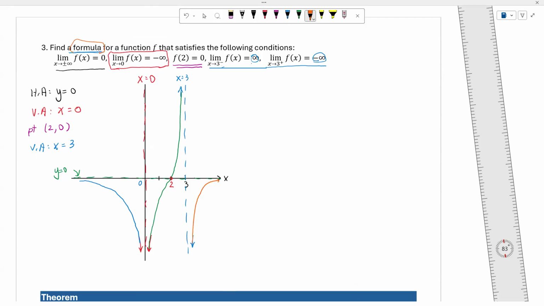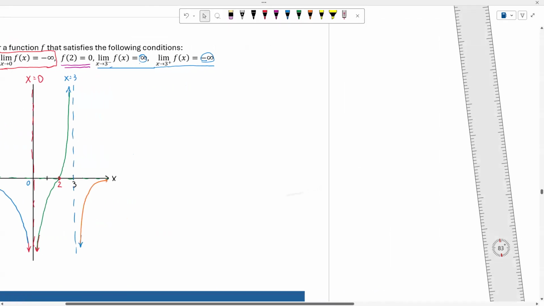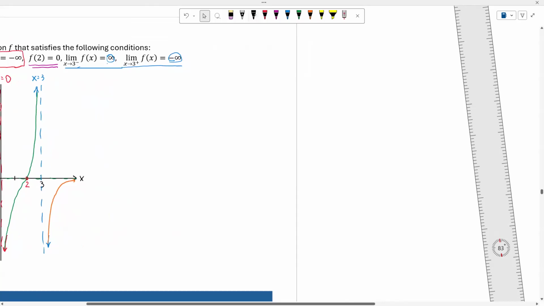Okay. Then we have to go back to precalculus now, right? So in precalculus, we have learned that when we work with a rational function, basically it will be p of x over q of x, where p and q are polynomial functions.